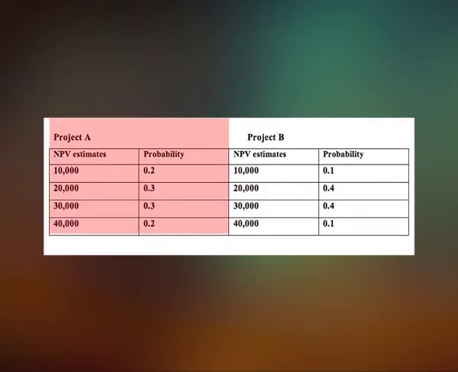We are given 10,000, 20,000, 30,000, 40,000 as the NPV estimates, with probabilities 0.2, 0.3, 0.3, 0.2. Then again for project B, the estimates are 10,000, 20,000, 30,000, 40,000 and the probabilities are 0.1, 0.4, 0.4, 0.1.